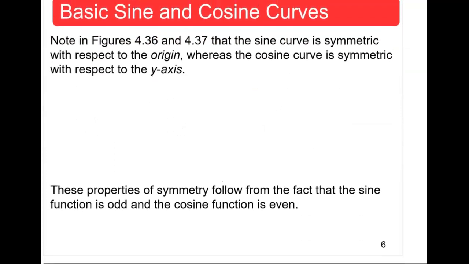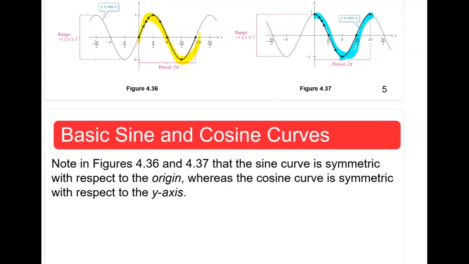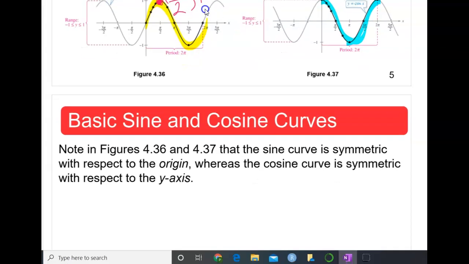If you look at the graphs, actually, let me just leave them like that. The sine curve is symmetric with respect to the origin. How do I know that? Well, let's say for this particular point, the input was pi over 2 and the output was 1.